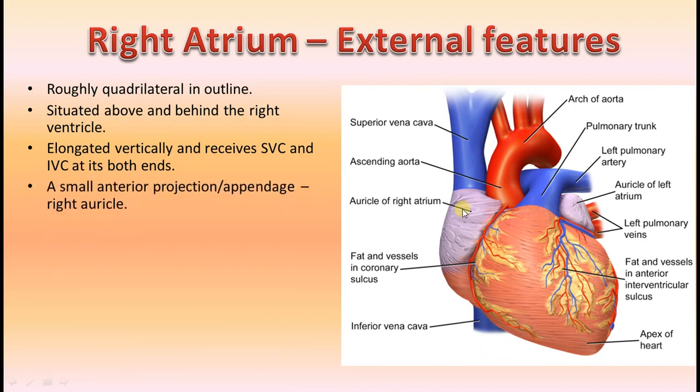Then, if you look from the right atrium, there is a small projection which is called the right auricle. Auricle means it is like your external ear, so that's why it is ear shaped. It is a conical projection, somewhat thicker than the rest of the atrium.